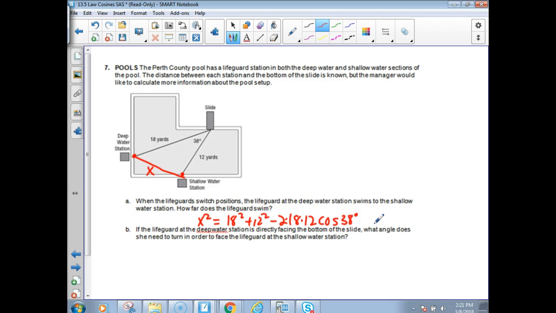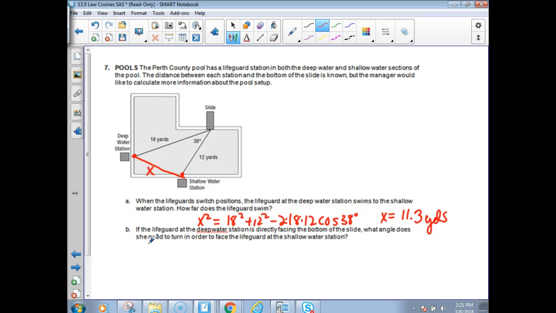If you type that all in your calculator and take the square root, guys, do it and see if you get what I'm going to say. Letting you all practice on your calc. When you take the square root of that big number, you should be getting 11.3. All right, and that would be in yards.